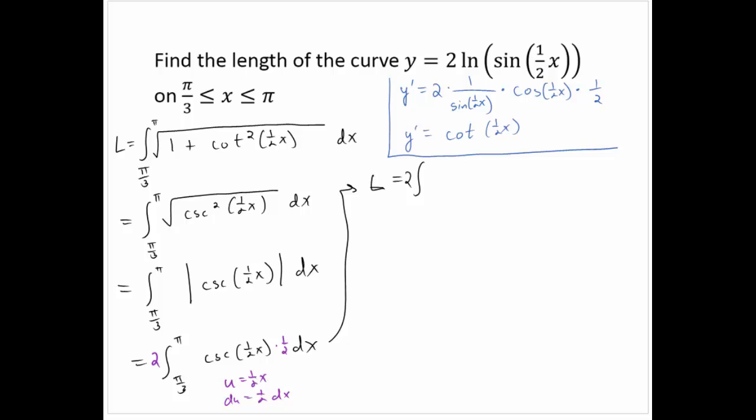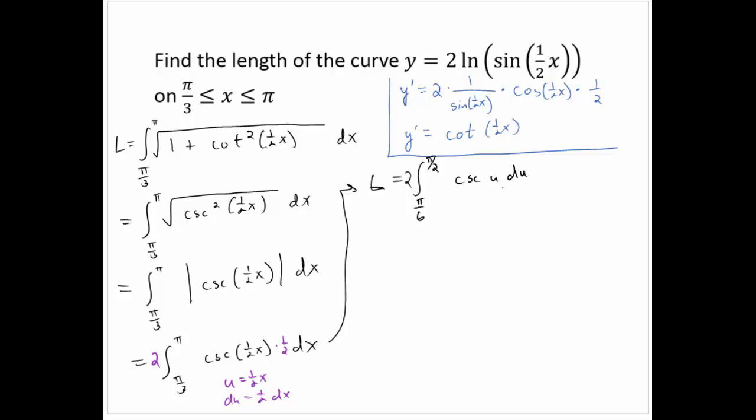So u is 1/2 of x. So if x is pi over 3, u is pi over 6. And if x is pi, u would be pi over 2. So twice the integral from pi over 6 to pi over 2 of cosecant u du.